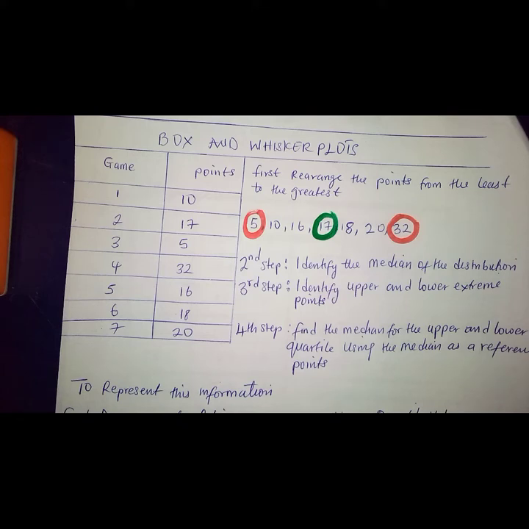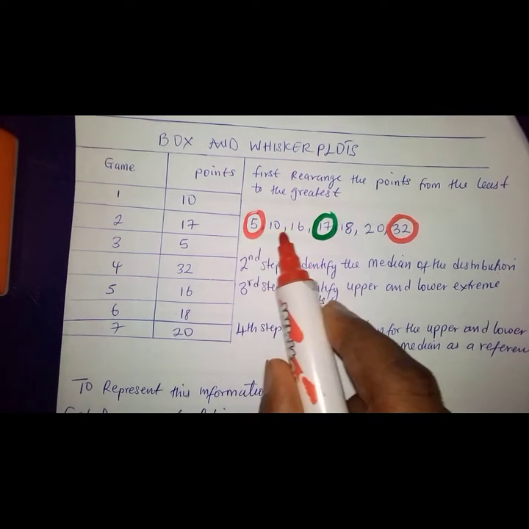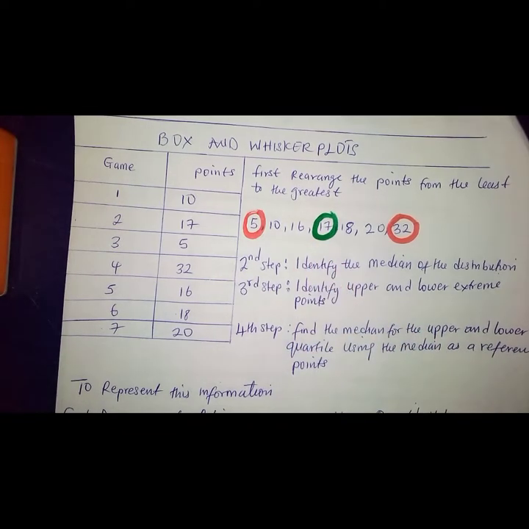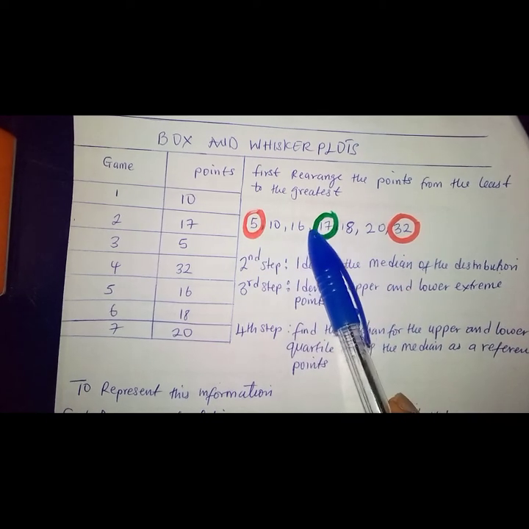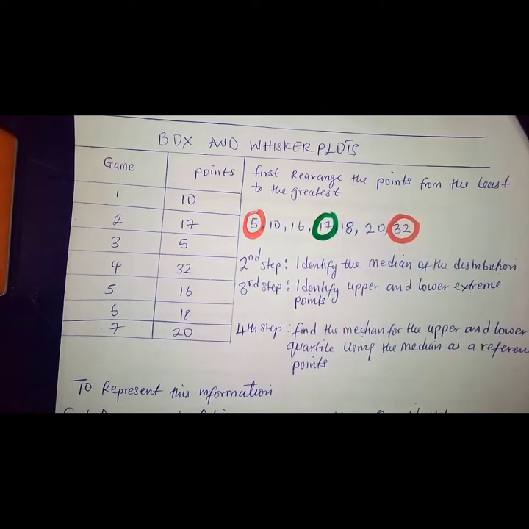Then the fourth step is to find the median for the upper and for the lower. What do we mean by that? From here to here is a different set, and from here to here is another. We want to find the middle number in each.